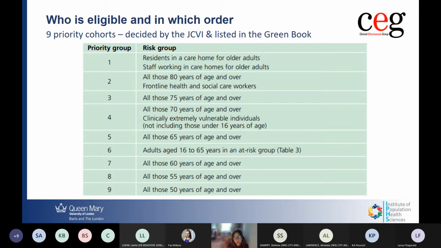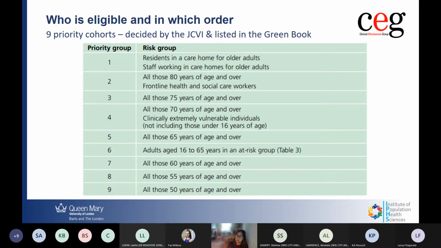For this group, clinically extremely vulnerable equates to your shielded list, i.e. those patients who are coded as very high risk of severe illness from coronavirus. Then you've got cohort 5, 65 years and over, cohort 6, which are the 16 to 65 years.